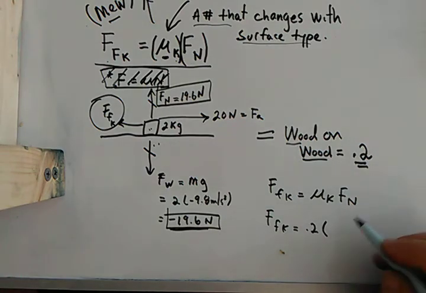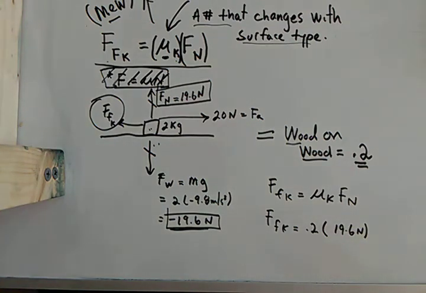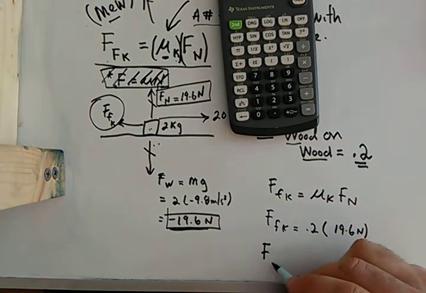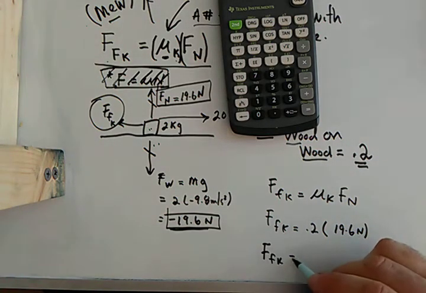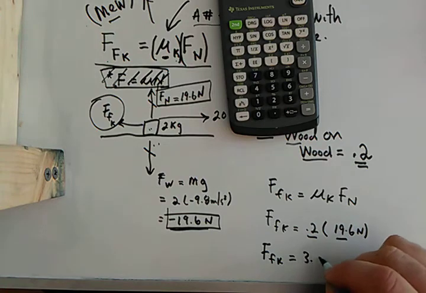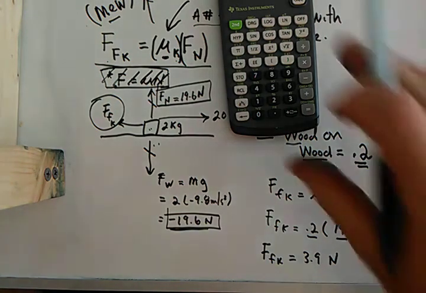We've got a normal force of 19.6 newtons. So I'm very easily able to calculate the frictional force by multiplying 0.2 times 19.6. I ended up getting 3.9 newtons. So look at what we have here.